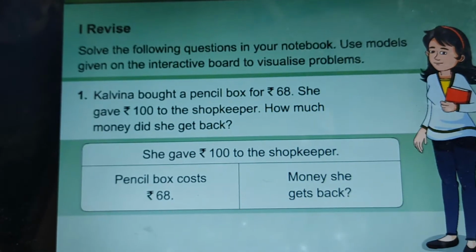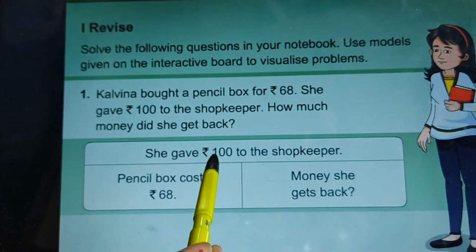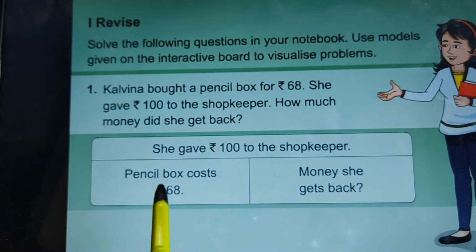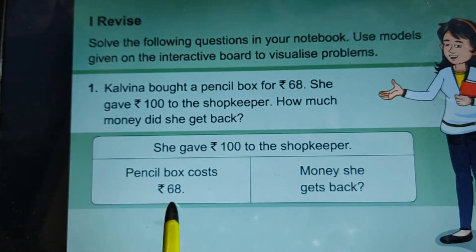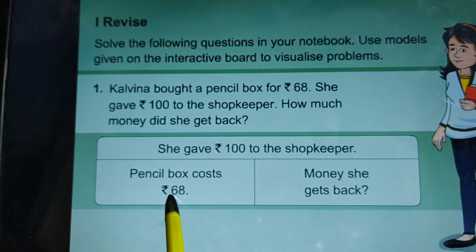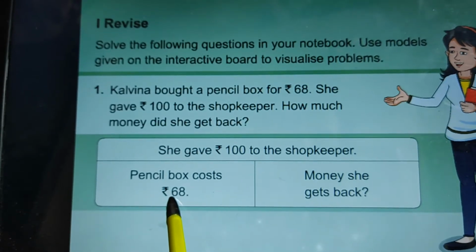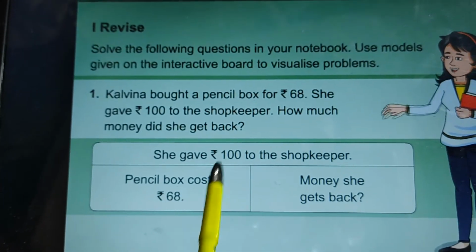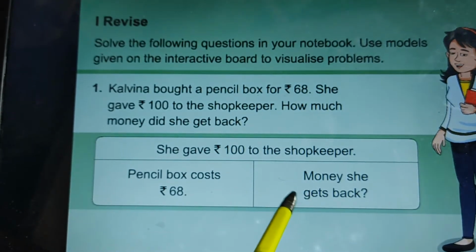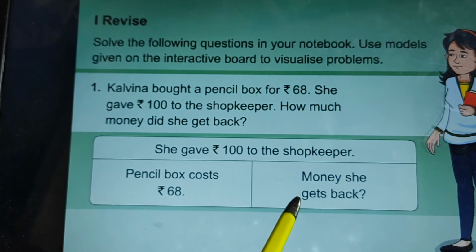Children, she gave rupees 100 to the shopkeeper and the cost of the pencil box is rupees 68. So, subtract rupees 68 from 100. Then, you will get the answer and that much money she gets back.